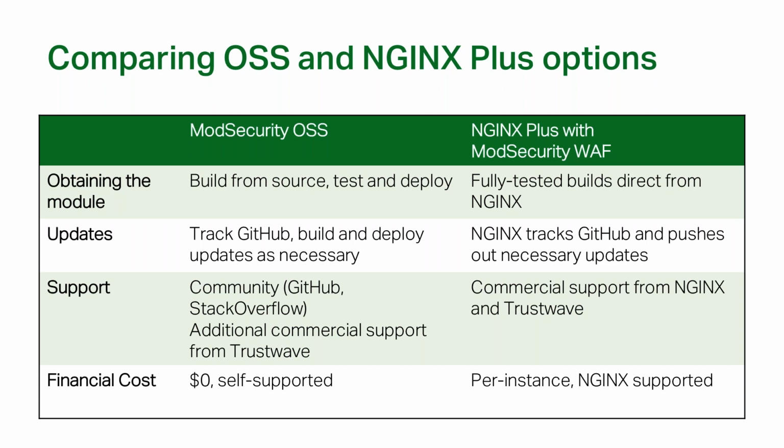Trustwave can also provide professional services and support on a separate basis to help you configure ModSecurity in detail, specifically for your particular web application. And there is a cost to that. It's an add-on to the NGINX Plus commercial subscription, charged on an annual basis.